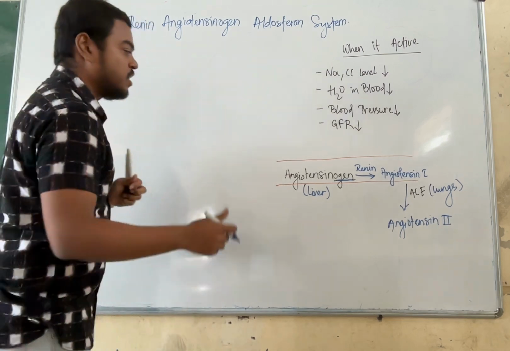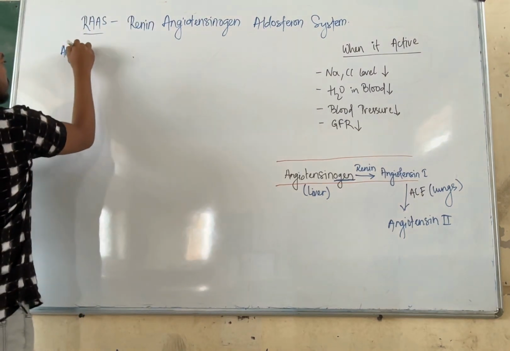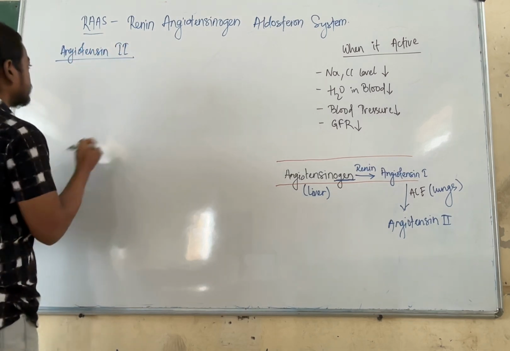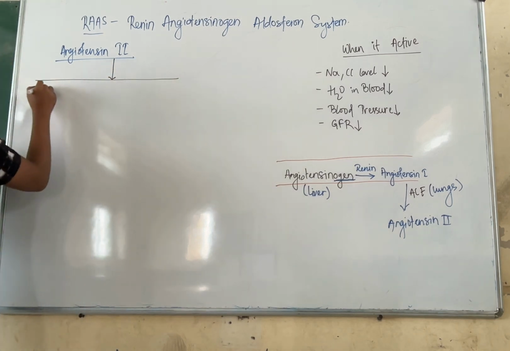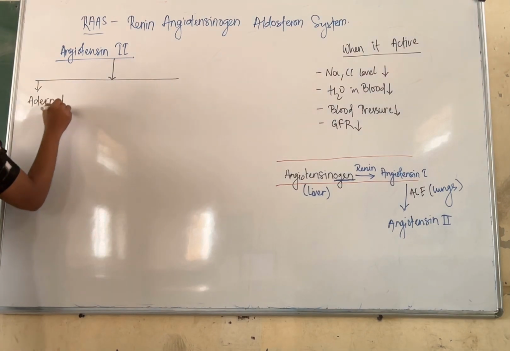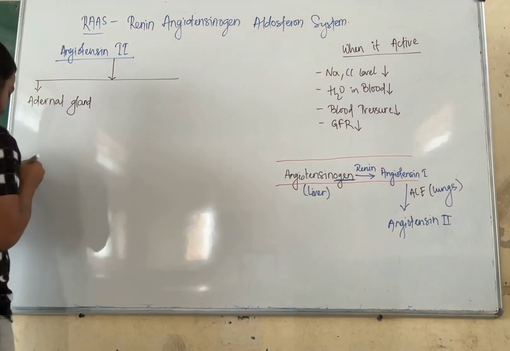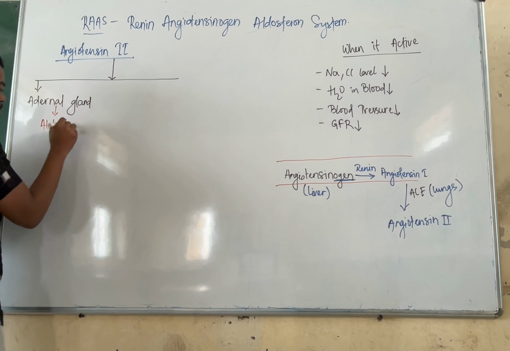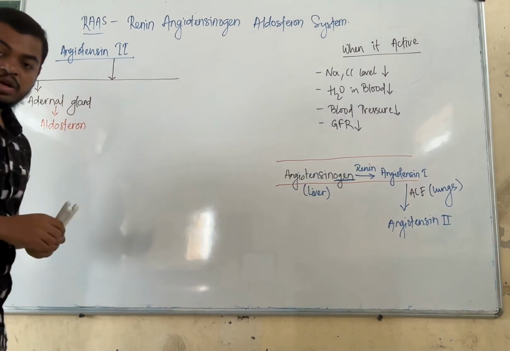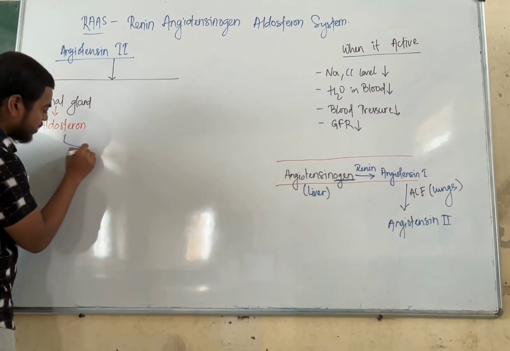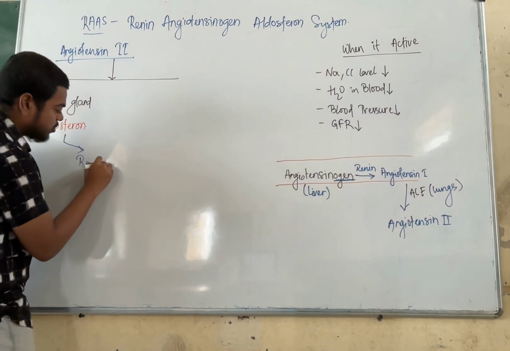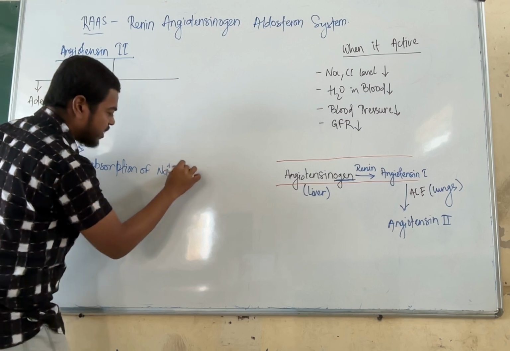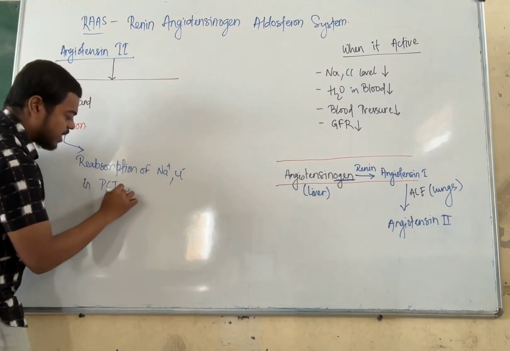The adrenal cortex will release the hormone aldosterone. Aldosterone helps in the reabsorption of sodium ions and calcium ions in the PCT and DCT.